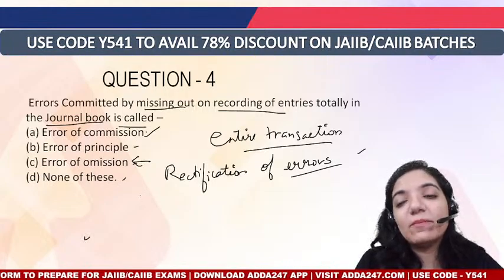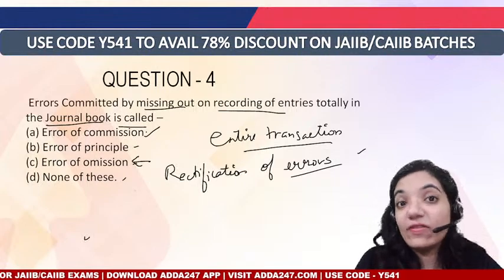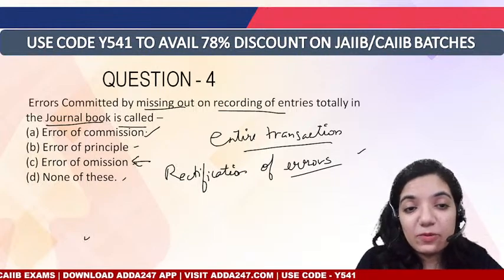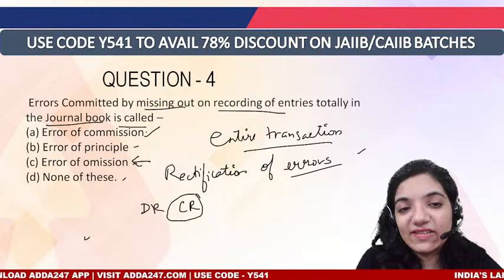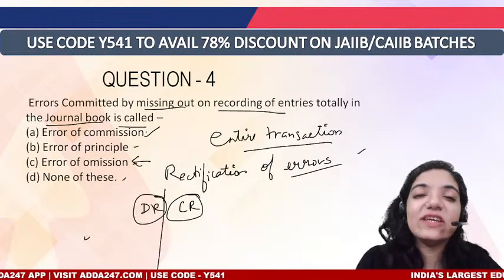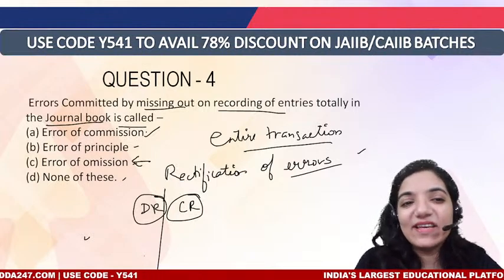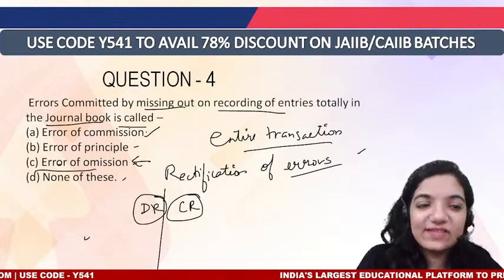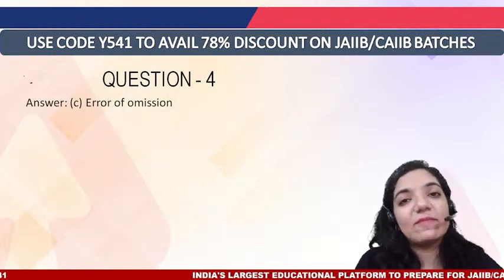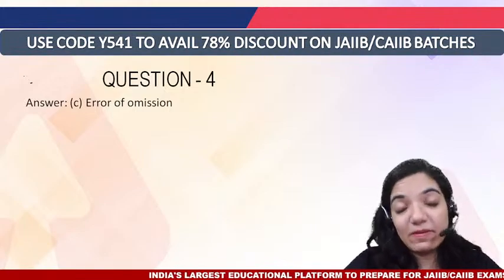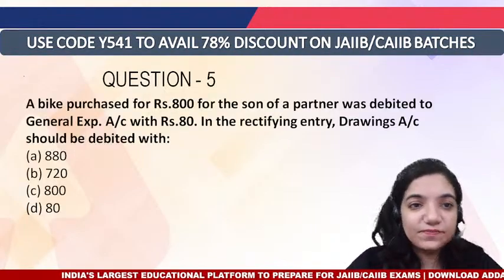Will there be a mismatch because of an omission? There won't be, because the entry is neither noted on the debit side nor on the credit side. The entire entry is missed out. So there will never be a chance where the trial balance will not match. It will match. That's why these kinds of entries are hard to catch.